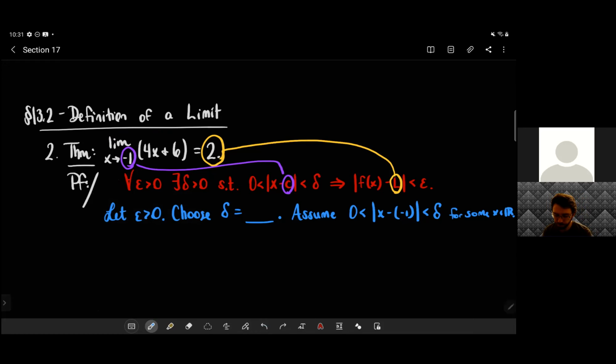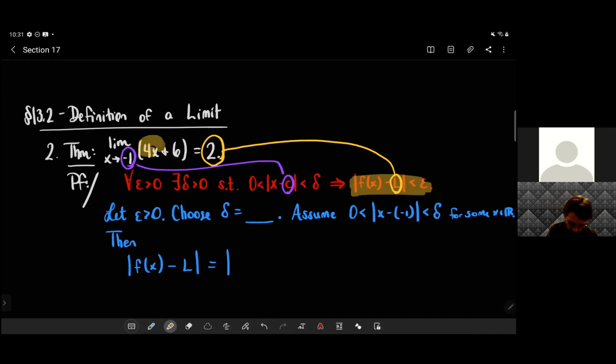All right, so we'll say then, this is the thing I want to mess with. f of x minus L. Well, L is 2. Maybe I'll even write it out like this. f of x minus L is what? Well, we know what f of x is. It's this function, 4x plus 6.